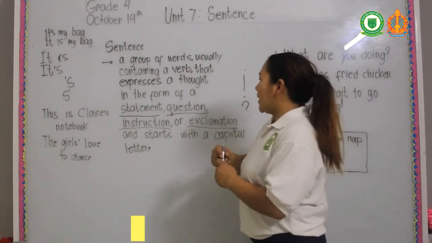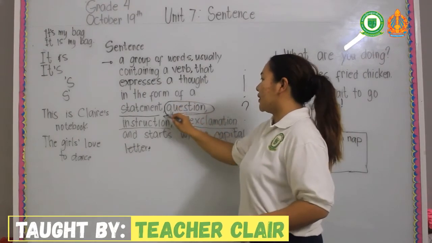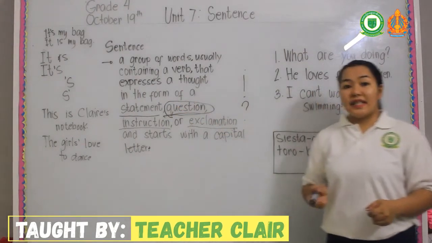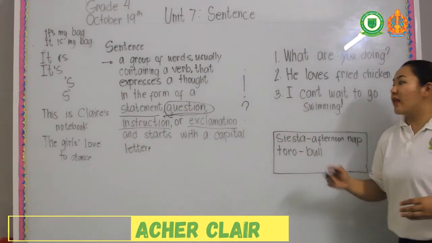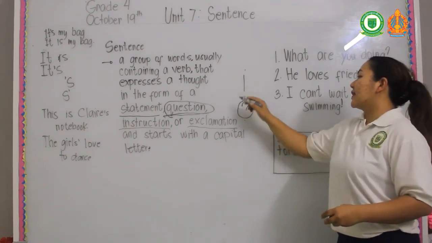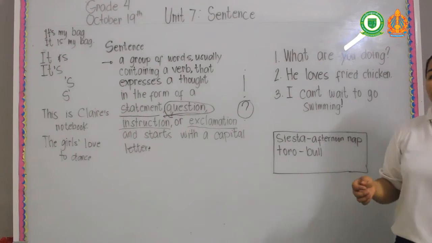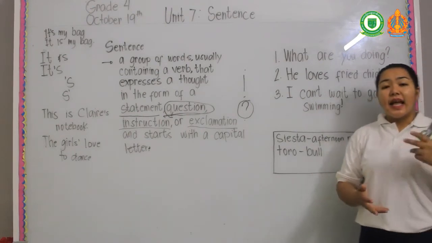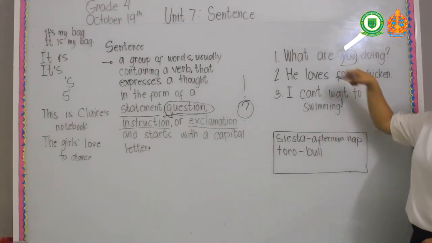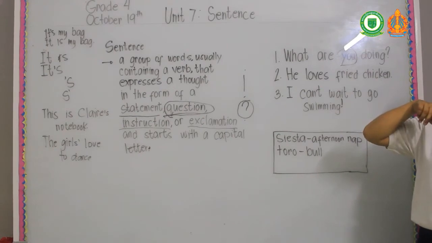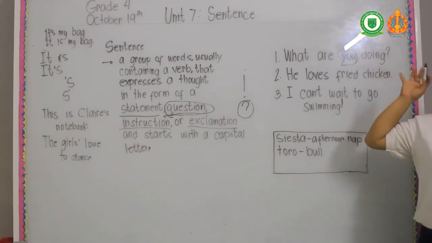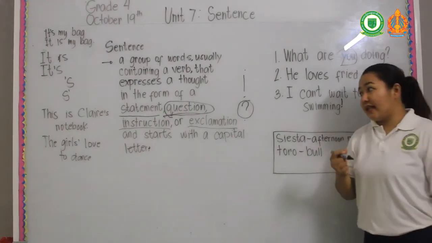And this is a question sentence, and it ends with a question mark. Someone is asking you, what are you doing? It has a sense, it has a subject, and it has a verb. So this is an example of a sentence.